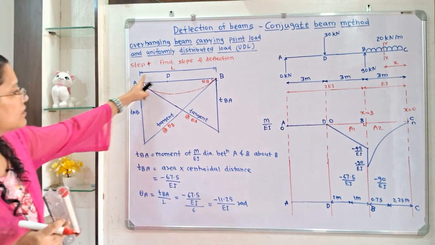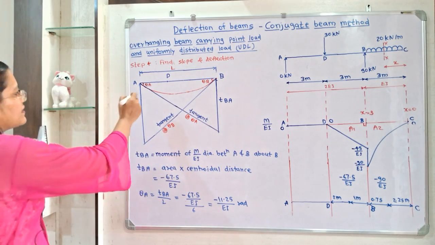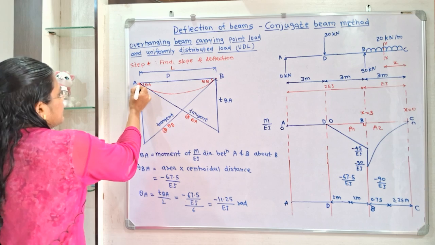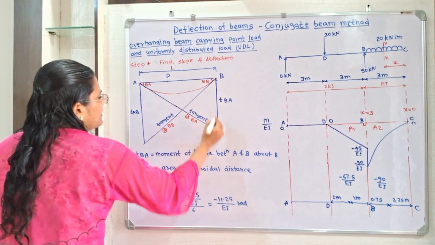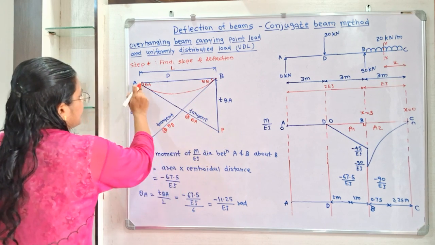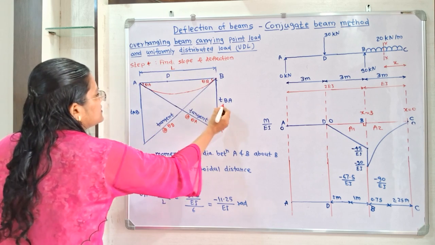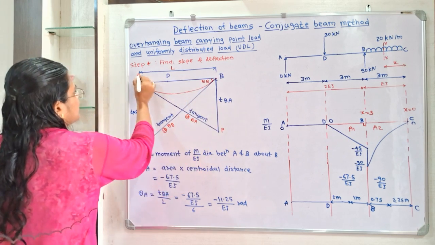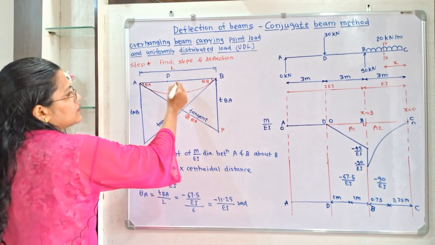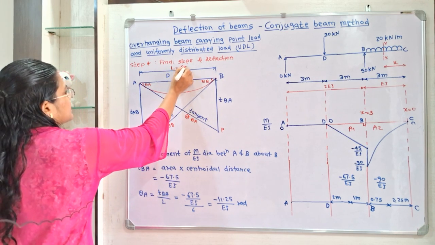Now if we observe this diagram, here is the triangle, I will say A, B and P. So in triangle ABP, this TBA is known. The value of L is equal to 3 plus 3, 6 meter.